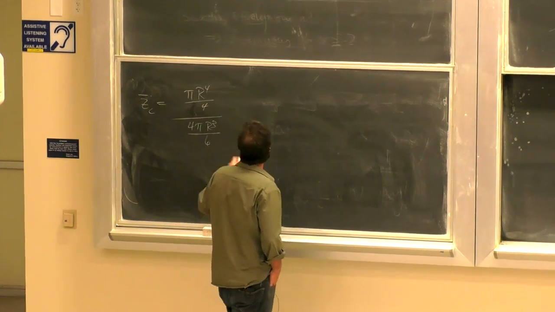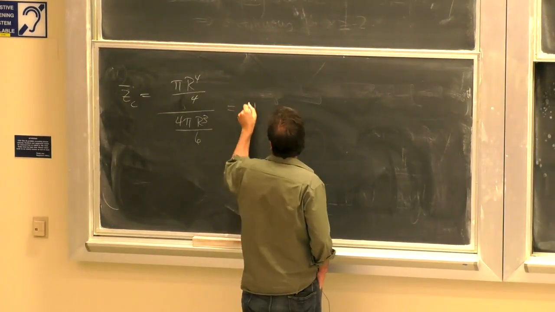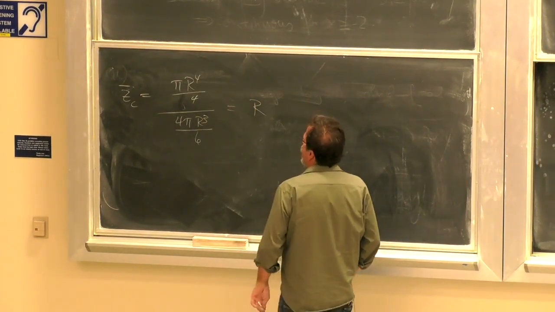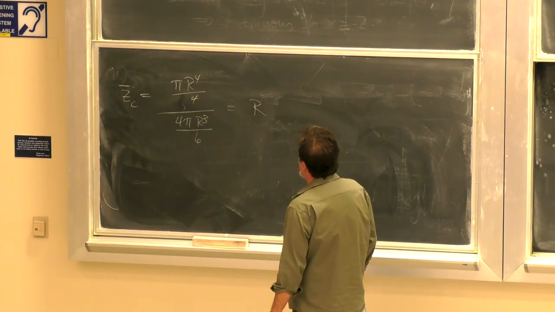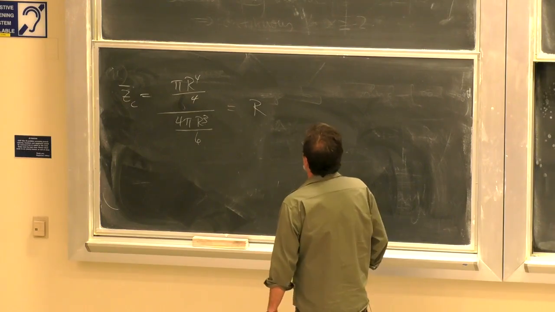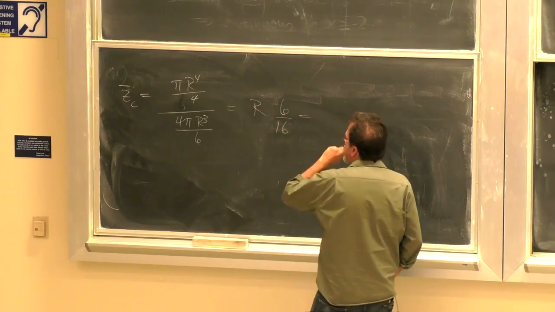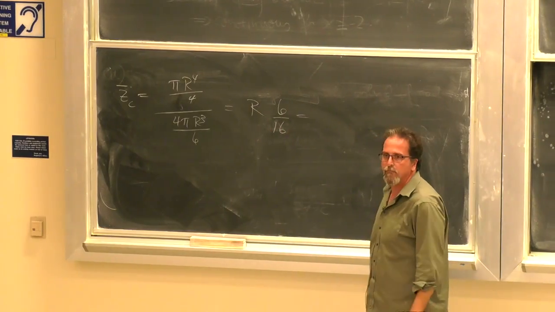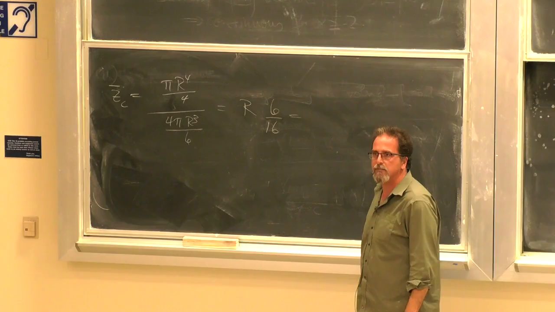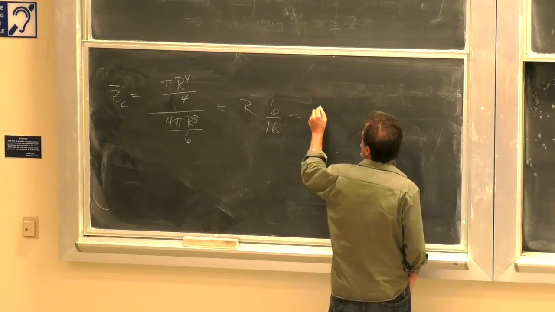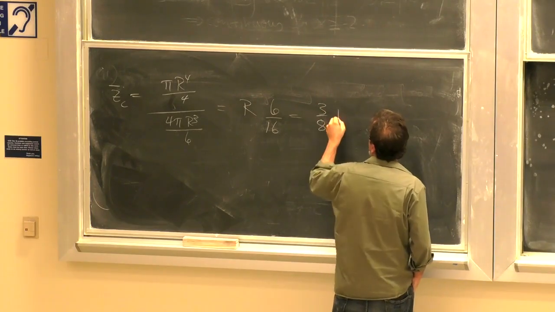And I've got to just do it. Well, the pi's cancel, and the powers of R cancel in a certain way. And what you're left with is 6/16, I think. Six sixteenths of R, which is 3/8 of R.